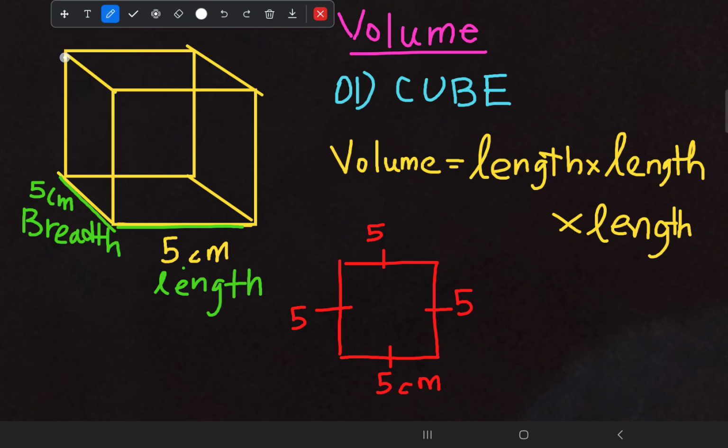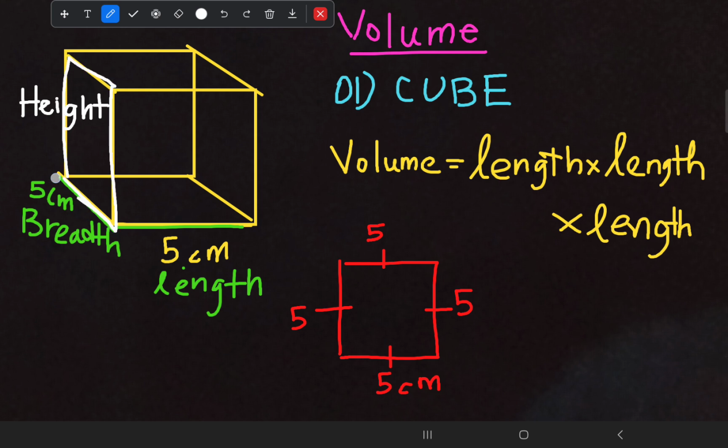Then this vertical distance is called height. We are using three different terms: length, breadth and height. This is also a square face. In a square face, if this side is 5 centimeters, this one also 5, and this one also 5.